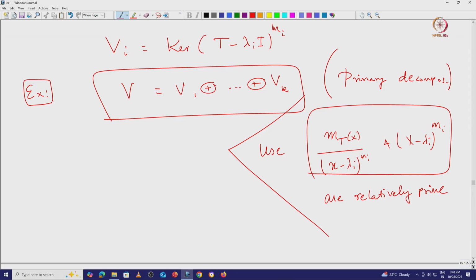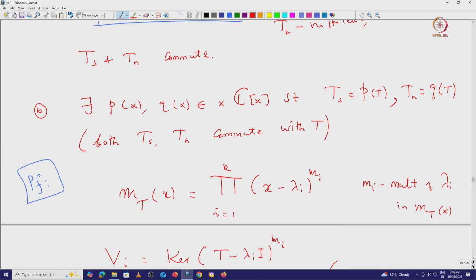Now we want to locate these polynomials p(x) and q(x). We will explicitly locate them using the Chinese remainder theorem.